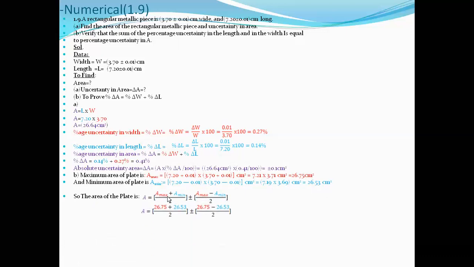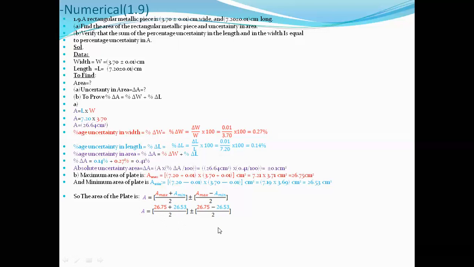So A max plus A minimum divided by 2 plus minus A max minus A minimum divided by 2. That means the uncertainty, maximum and minimum, is also averaged, and the certain value is also averaged. So the maximum value is 26.75 plus 26.53 divided by 2, and the minimum part is 26.75 minus 26.53.